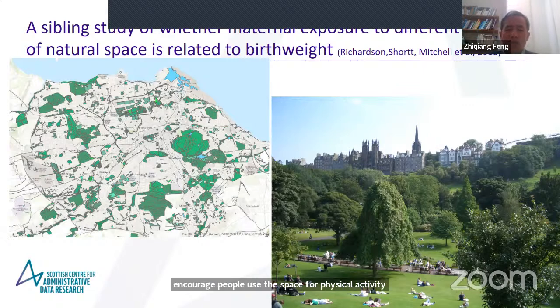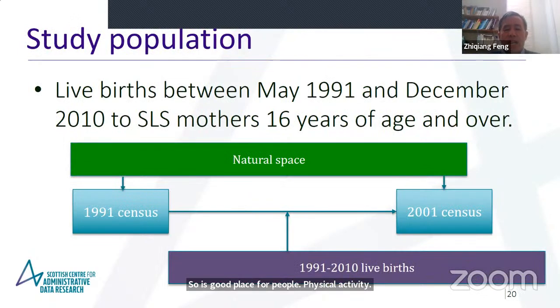And green space also tends to reduce pollution, so it's a good place for people to carry out physical activity. So in this case, this research used the live birth data between May 1991 and December 2020, and they used the Scottish longitudinal study.